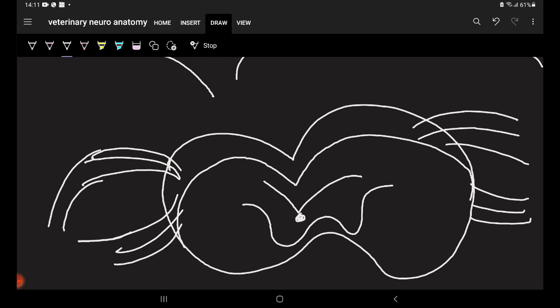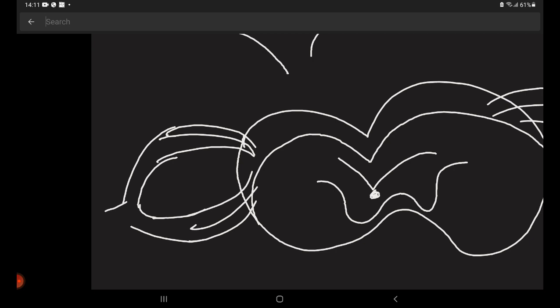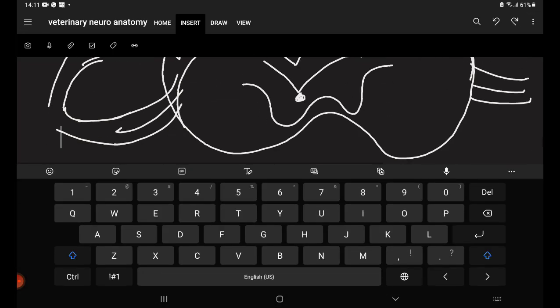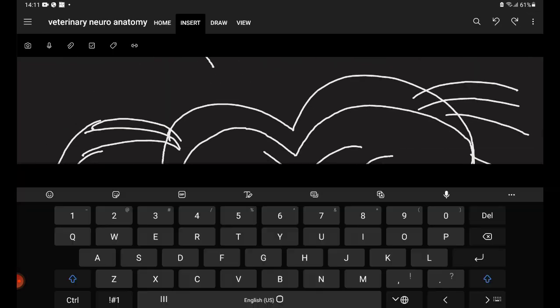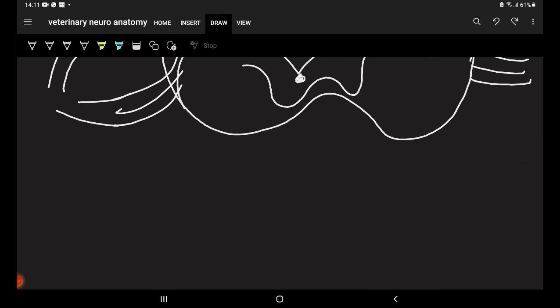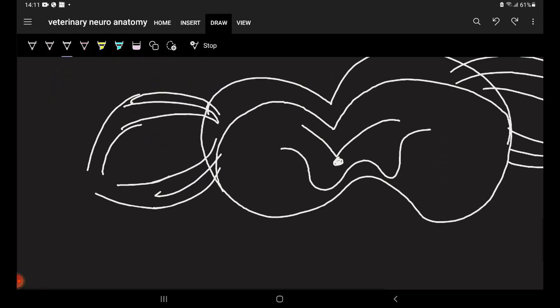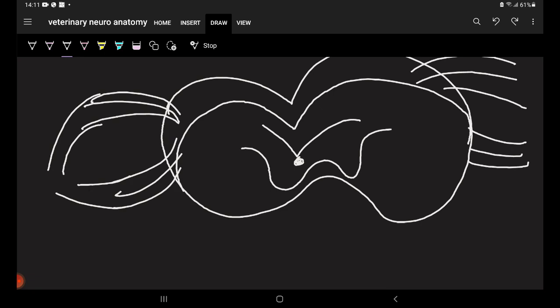Let me draw these. I know this is looking somewhat dirty, but no issues.